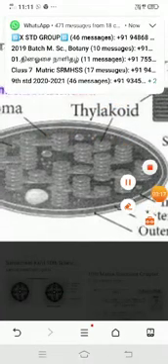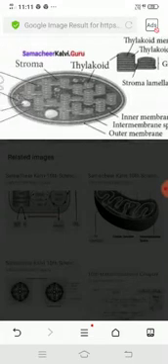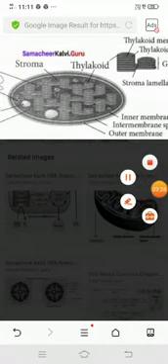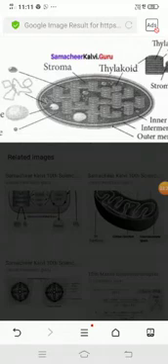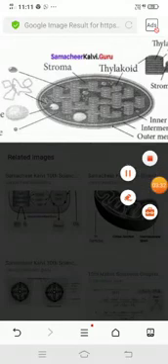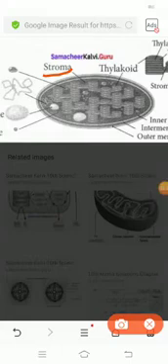This is called stroma. You see that stroma? This is stroma. It contains DNA. DNA is also here.